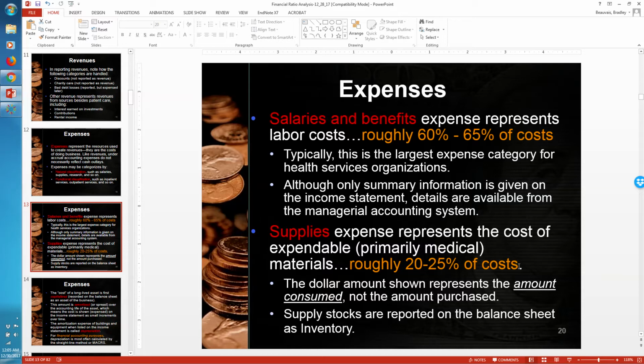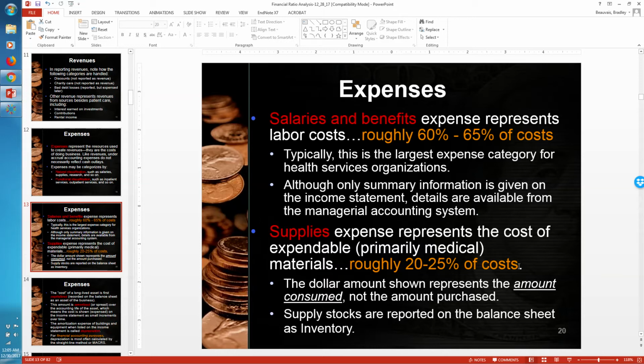Now, part of GAAP accounting, this is a good example of where it comes into play. What we see actually expensed out on the income statement is the amount actually consumed versus how much was actually purchased. Okay, so what that means is, let's say I order 3 cases or 3 pallet loads of IV solution.